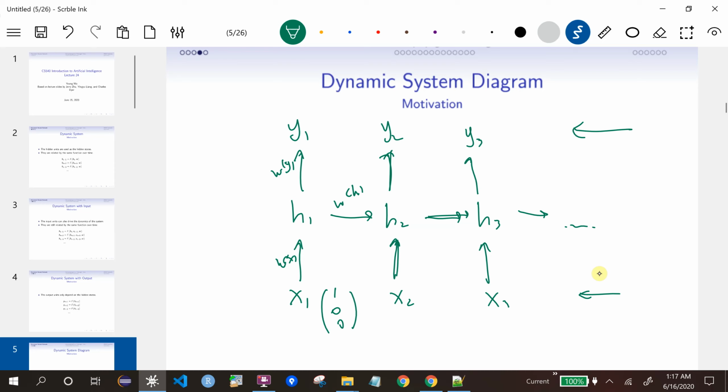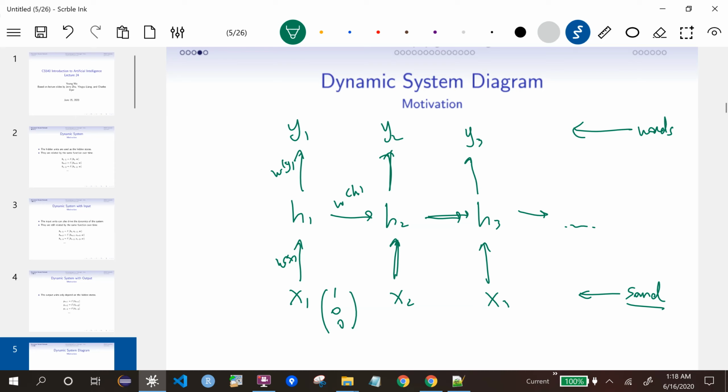So the X here, for example, they can be the sound. So suppose we are doing voice recognition, and these are the sounds and these are the words. So remember, we used X as the hidden states as the words and sound as Y, so now it's kind of flipped.